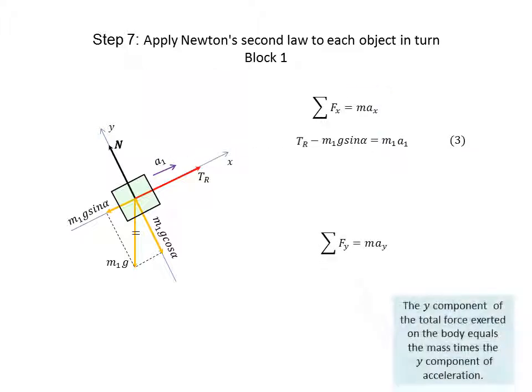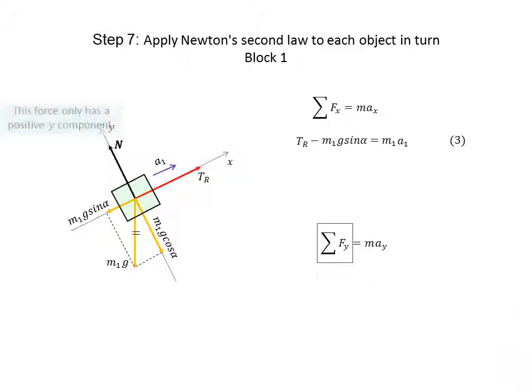The y component of the total force exerted on the body equals the mass times the y component of acceleration. This force only has a positive y component.